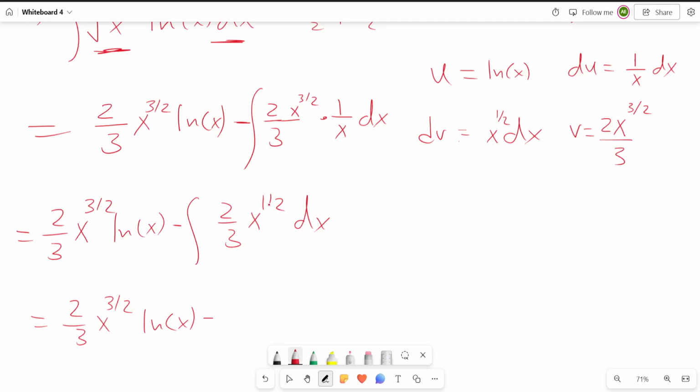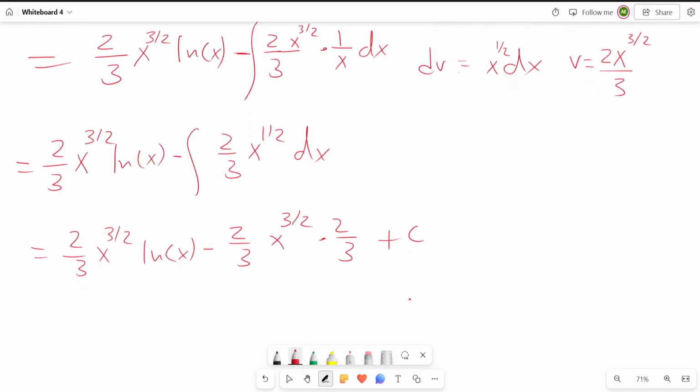Minus, okay. Integration, I'm going to add 1 to the power. So 1 plus half is basically 3 over 2. So I'm going to have an x power 3 over 2. And then I'm going to divide by 3 over 2, which is the same as multiplying by 2 over 3. And then I'll not forget my constant of integration.